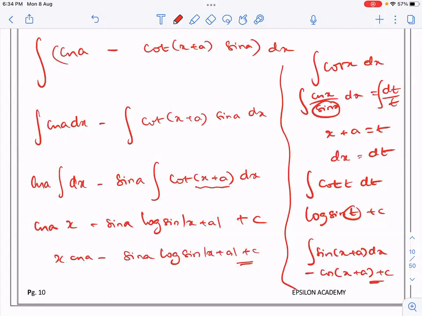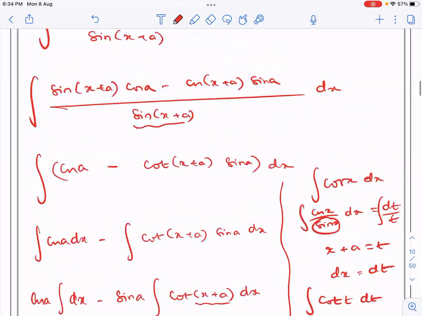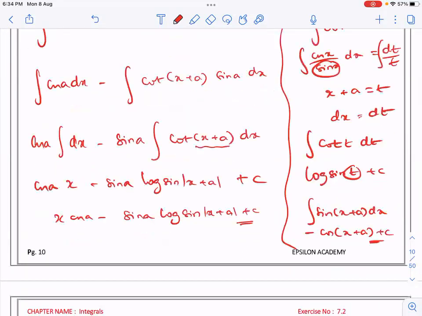x cos a plus a cos a. Here a cos a is a constant.